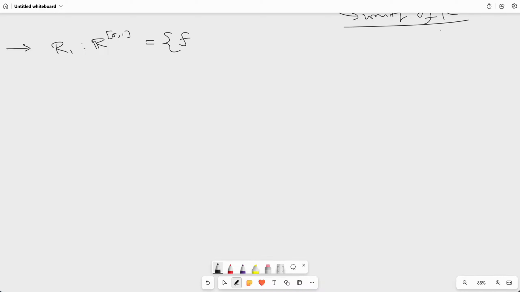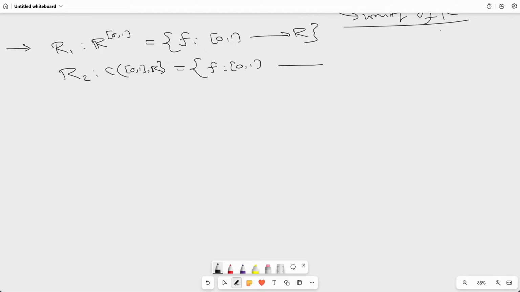This is all those functions f from [0,1] to R. Suppose R2 you have C([0,1], R), where R is the real numbers. This is defined as f from [0,1] to R, continuous. This is important.